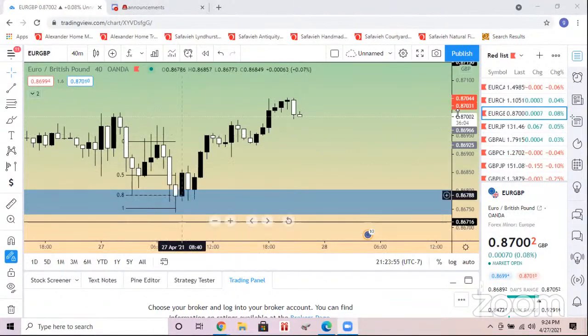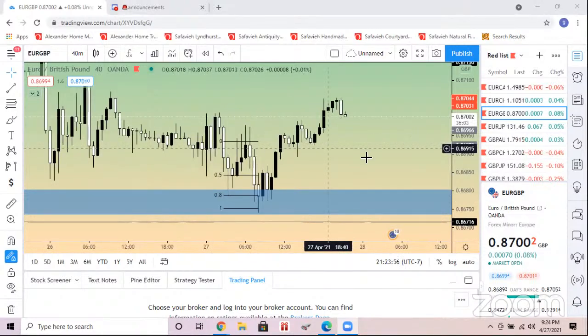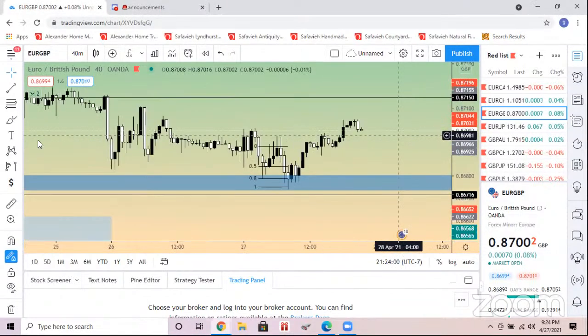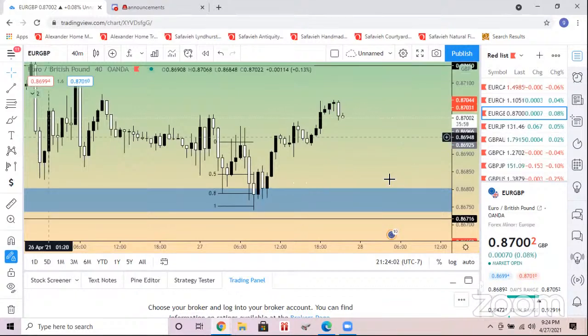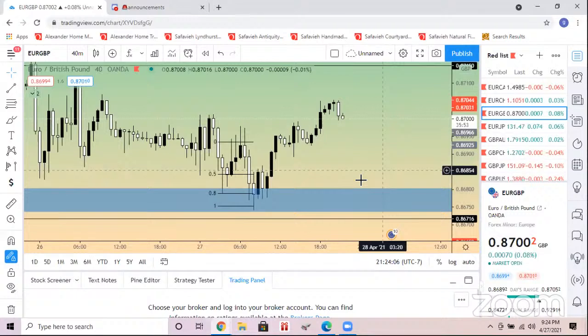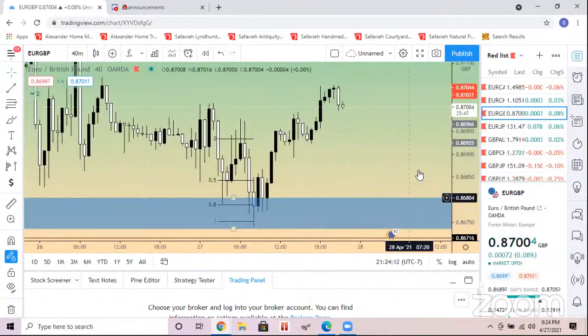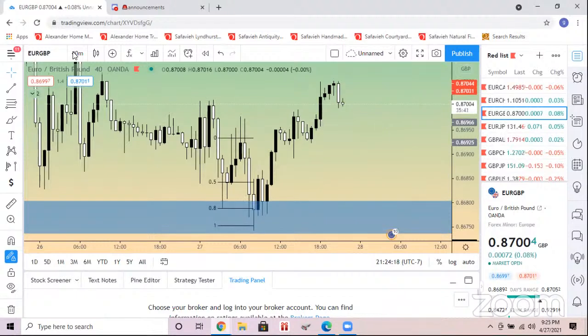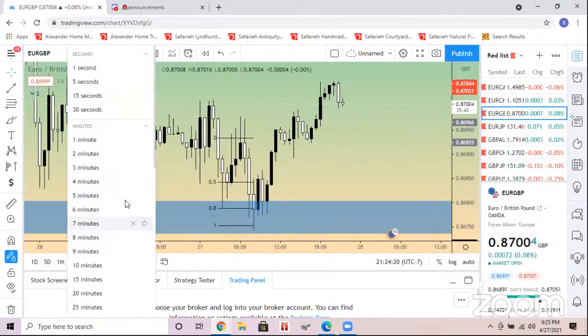So not very much confluence. So I guess what we would like to see is maybe a 5 minute or 1 minute accumulation in here to try and enter, or maybe set this limit. So we need a lot of, what's the word, compression. So that's what I'll be looking for. I'll set an alert in here in this imbalance.